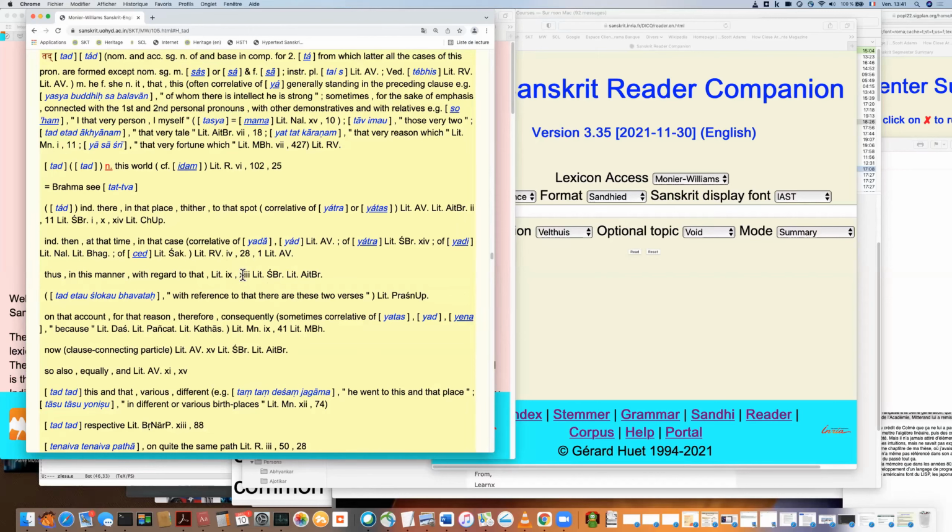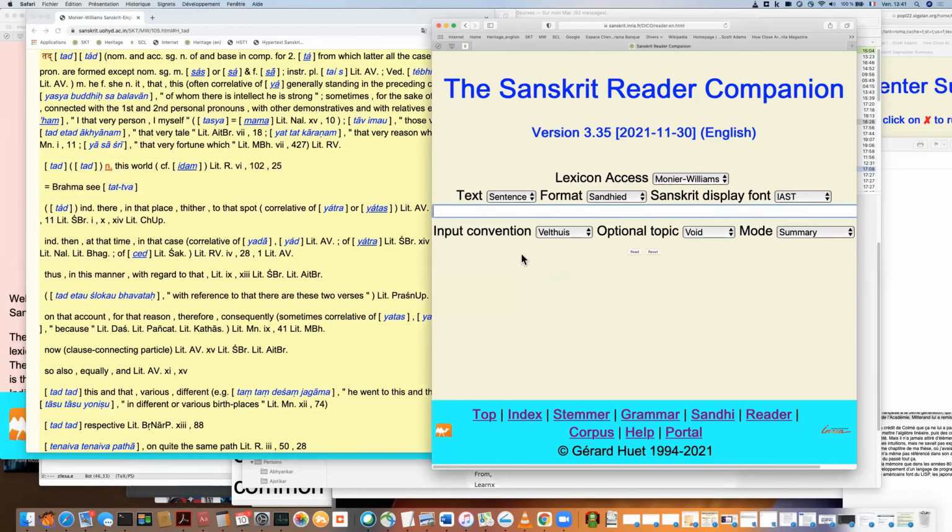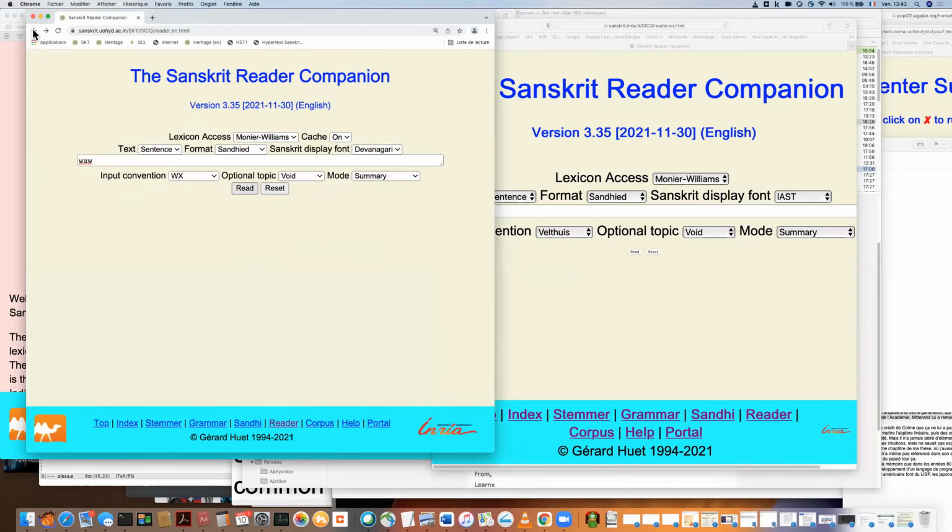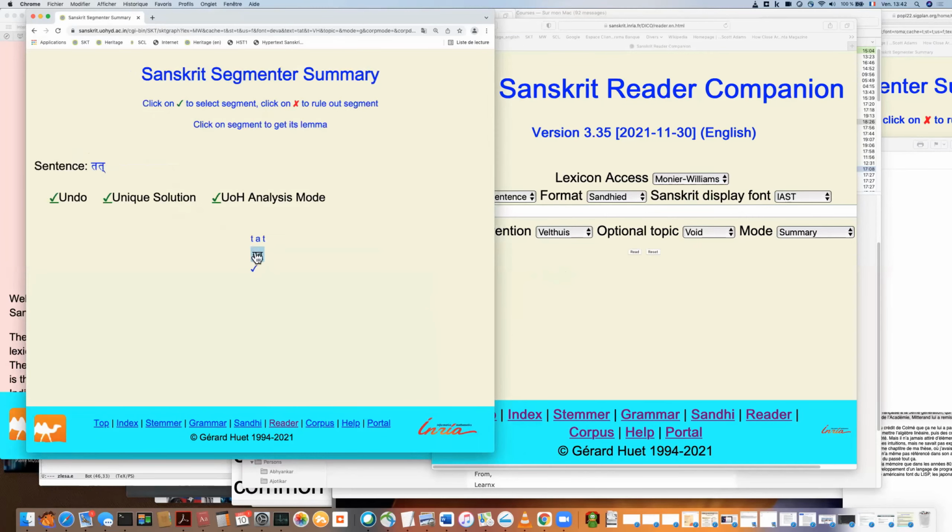But now it's configured so that you have access to Monier-Williams, and the input default convention is WX, okay? But if you want, you can change everything, yes? You can go back to Velthuis and enter that, and you get that, okay? All right.